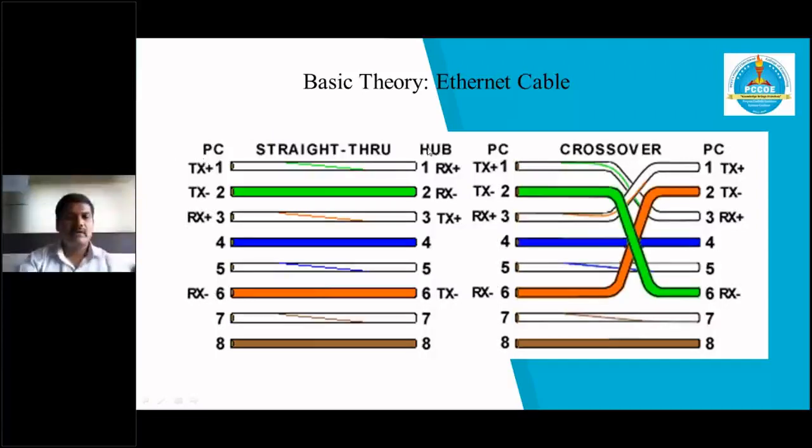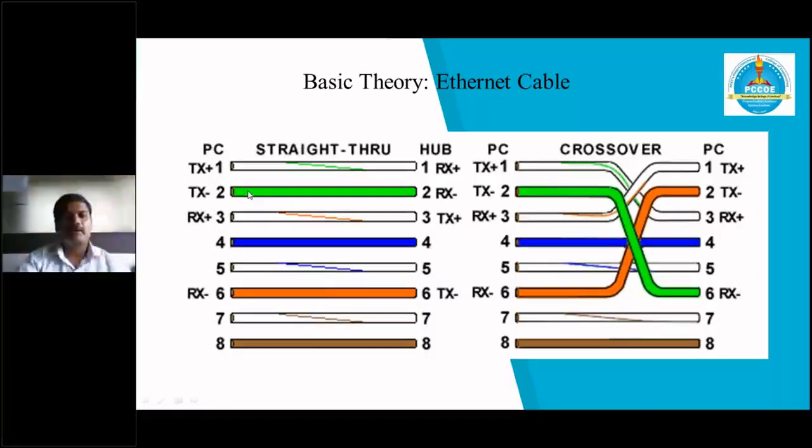In the first case, the PC is connected to a hub, so I need to use a straight-through cable, and the sequence is the same as I have shown in the previous slides. Out of these 8, only 4 wires, or only 2 pairs, are used to transmit or receive the data. They are pin number or cable number 1, 2, 3 and 6.